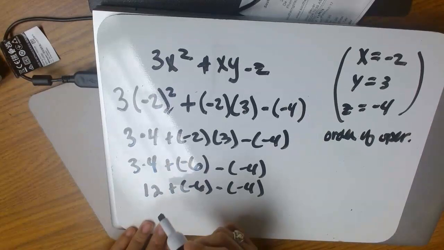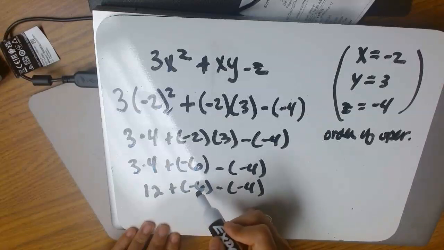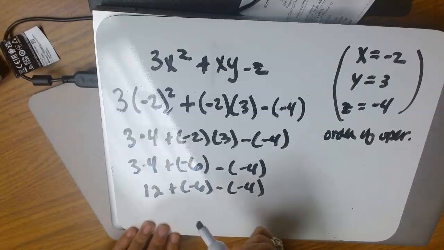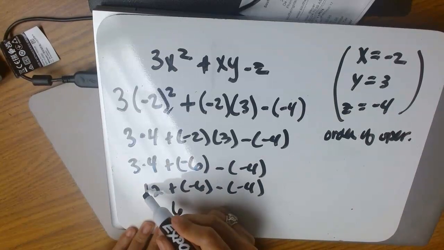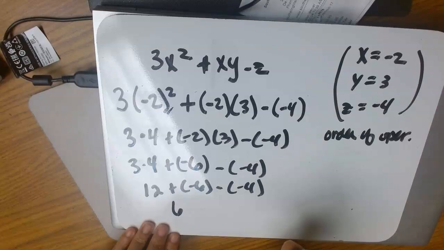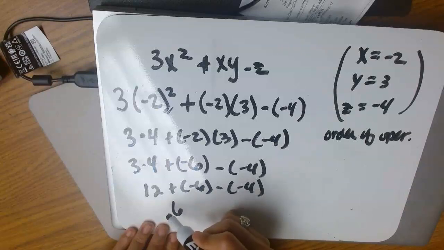So then 12 minus 6, because this is a positive and that's a negative, so we're going to subtract. So that will be a 6, and it'll be a positive because the bigger number is actually positive. So we know that we need to subtract them because one's a positive, one's a negative. But the number, we keep it a positive because the larger number is a positive.